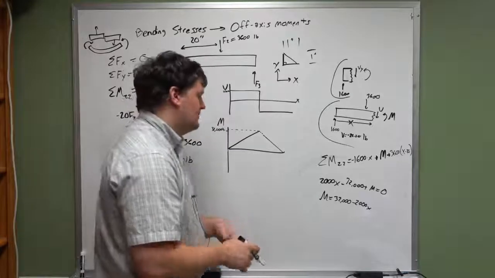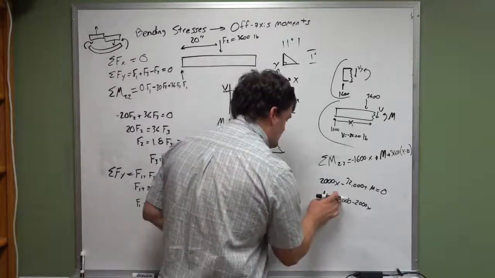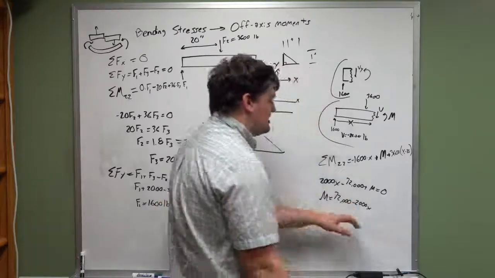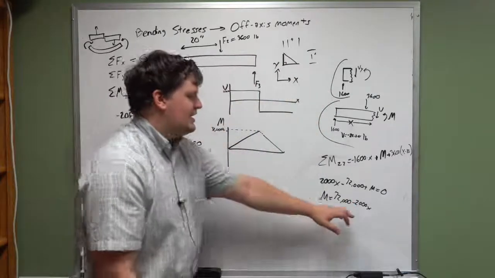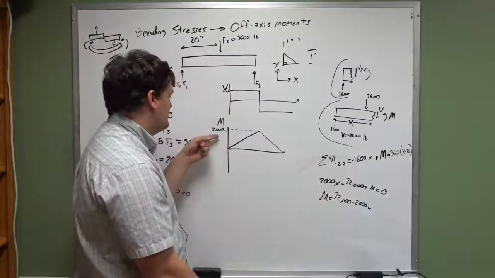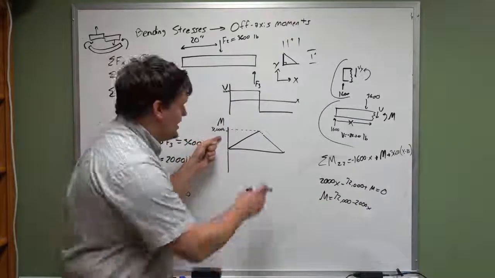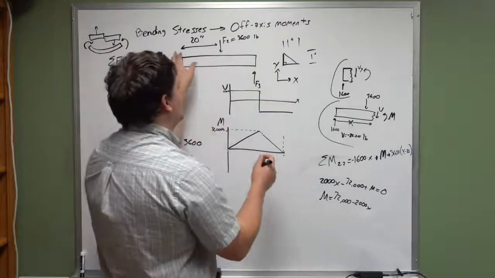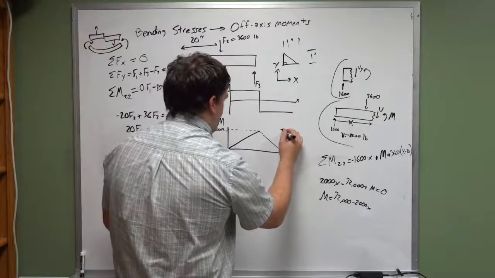That's where I went wrong. Whew, okay, so this is 72,000 minus 2,000x. So at x equals 20, you end up with 32,000 pound inches of moment, and then that continues to 0, whereas the 0 location occurs at 36 inches.